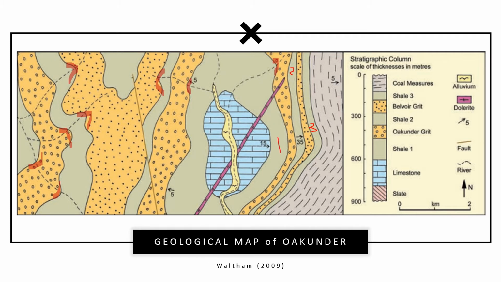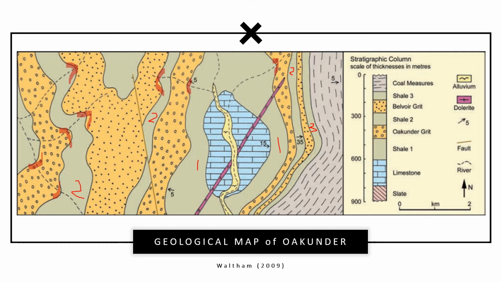And in between limestone again, this is shale 1 also. Also in between O'Connor grit and Belvoir grit is shale 2.